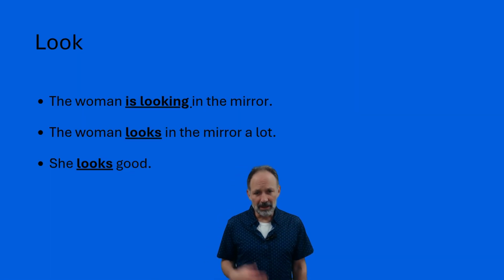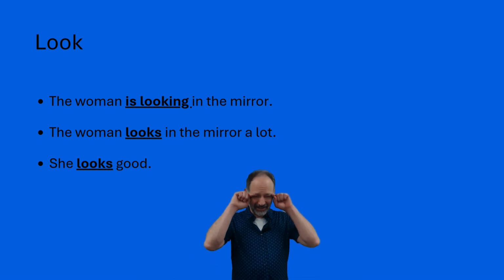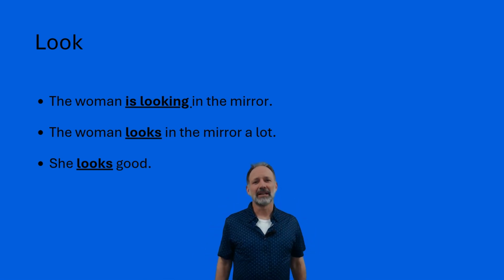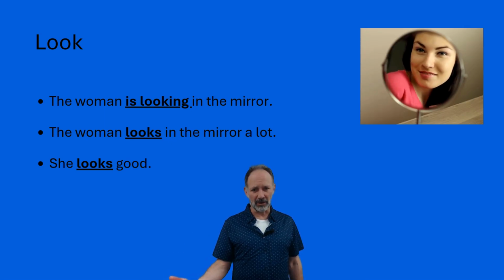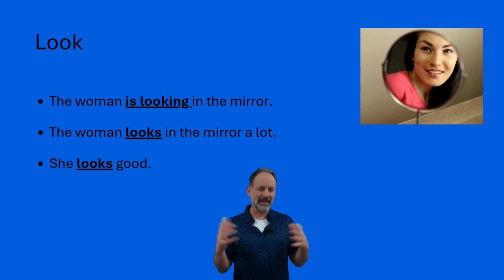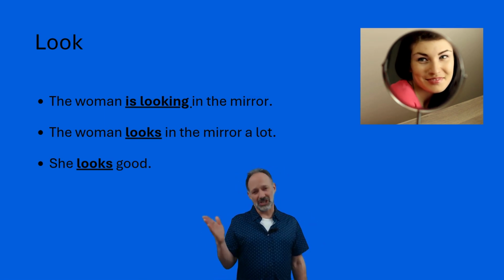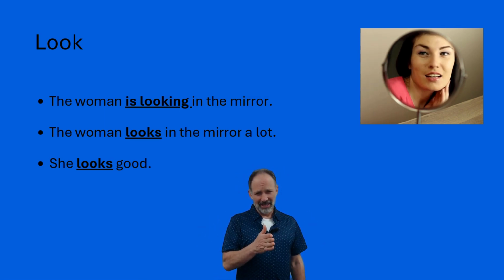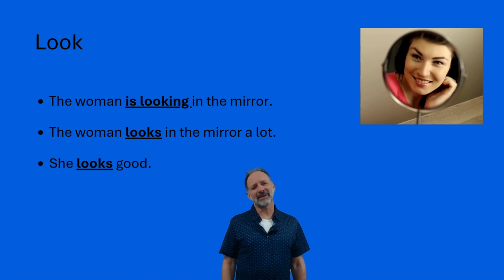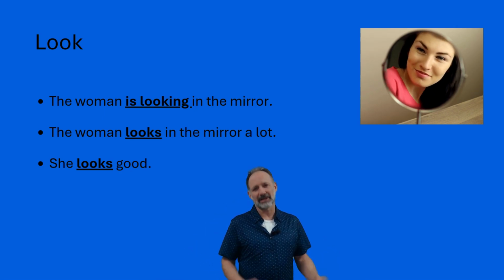The verb look is another verb that has two meanings. So if it's like your eyes are doing action, like the woman is looking in the mirror or the woman looks in the mirror, that's an action that the woman is doing. However, if it's she looks good, that look there is not really an action, it's like an opinion about her.